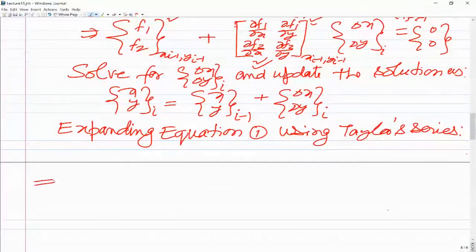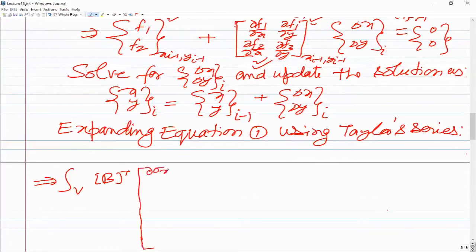We will write this equation as integration over volume, and then we will have B transpose, and then we have six components of sigma: sigma xx, sigma yy, sigma zz, tau xy, yz, and zx. Let us say each is a function of epsilon xx, epsilon yy, epsilon zz, and so on. First we take the derivatives of sigma with respect to different strain components. The first row will be derivatives of sigma xx.